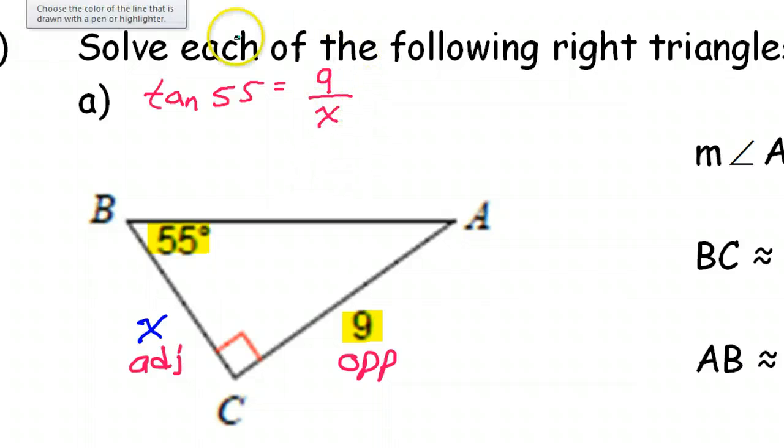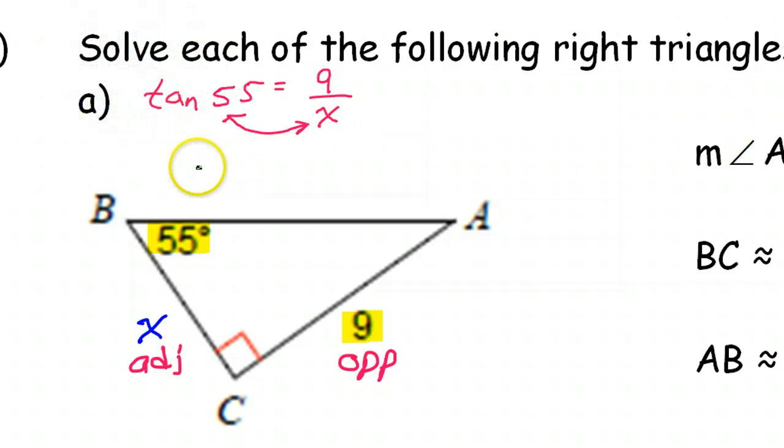I taught you a shortcut for this. When you have the variable in the denominator, the quickest thing to do is to swap the denominator with this entire expression out here. Now don't just move the 55 and the x. You have to move the tangent 55 and the x. So x will come over here, and over here I will have 9 over the tangent of 55 degrees.